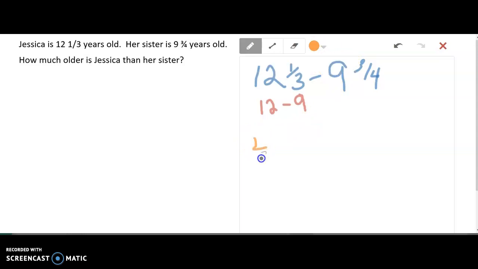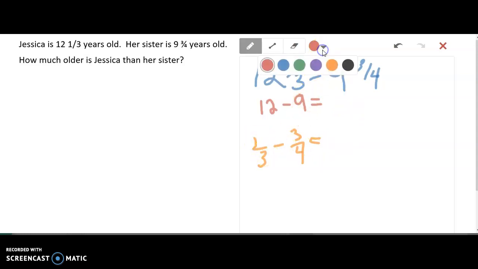So 1/3 take away 3/4. Here's my fraction parts and here's my whole number parts. I'm going to dig in here and see what I find. Let's look at our fraction parts.